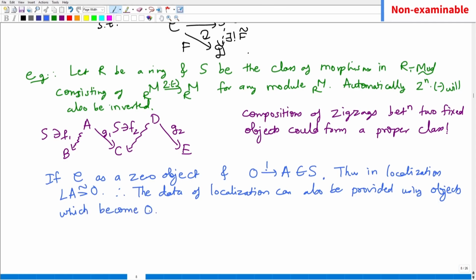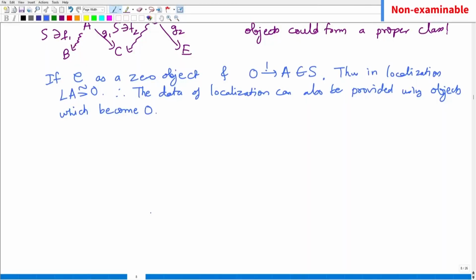So there are two ways of providing the data for localization. Either you provide a set of morphisms which will be a subcategory containing identity morphisms, or equivalently, if your category has nice enough structure, you can provide some collection of objects, some class of objects that you wish to kill.